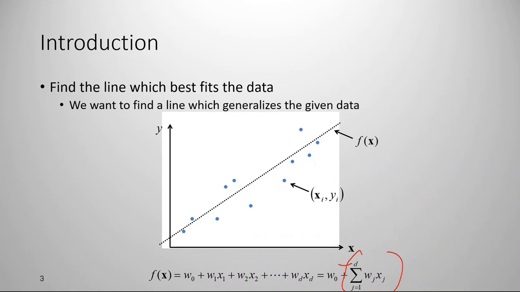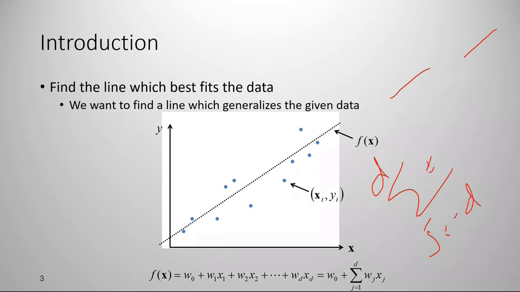If there is a question about negative and positive indices in a series, then you write it this way. For example, summation j equals minus d to plus d. In this case, it will start from minus wd xd and go up to plus wd xd, because the starting index is minus d.